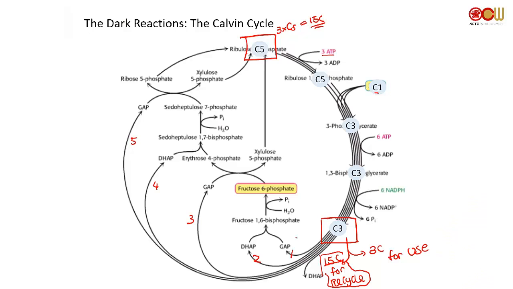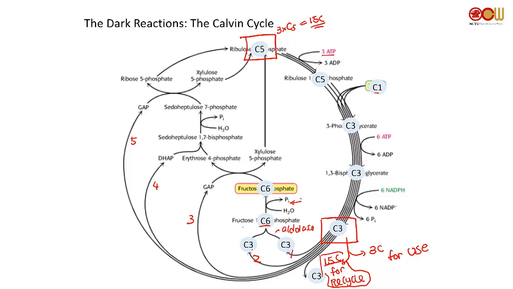Now let's start with 2 C3. We have to first make a C6. So C3 plus C3 can give you C6. This enzyme is aldolase. And then, because this is fructose 1,6-bisphosphate, F16BP, and we don't need to have a bisphosphate, we can do a phosphatase.